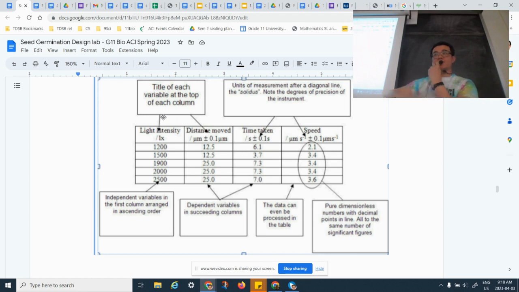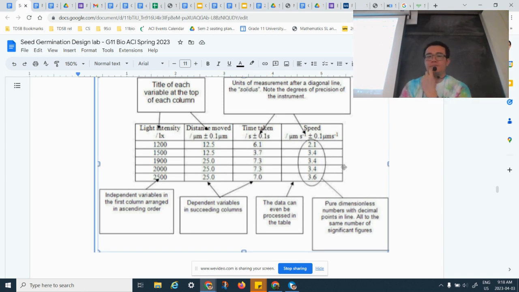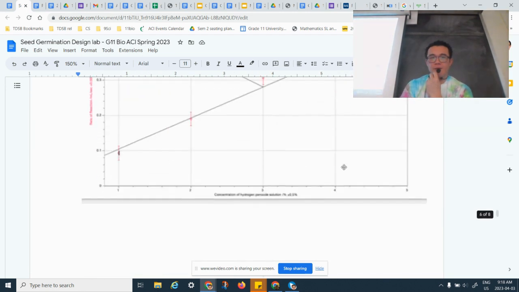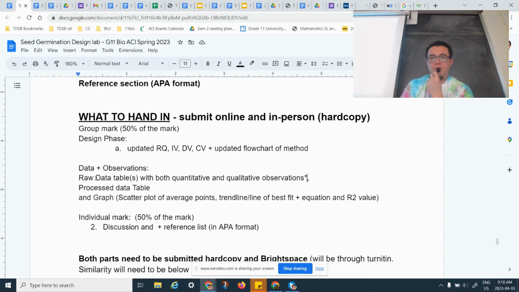Because that's rough. You hand it in like that, you'll lose a lot of marks. So that is your raw data with qualitative and quantitative observation.